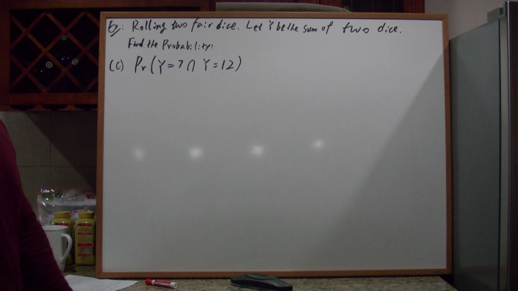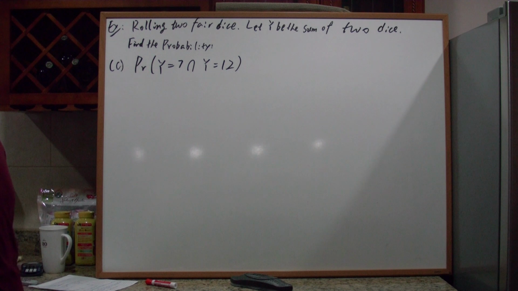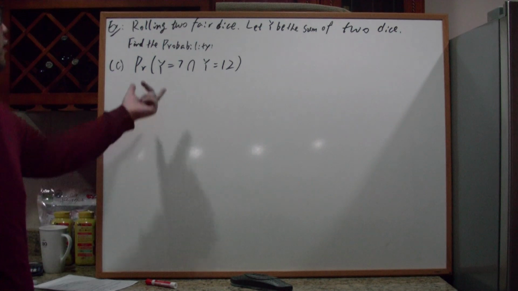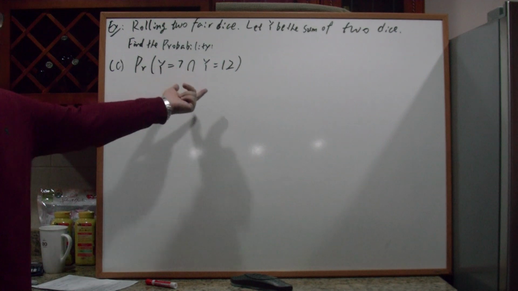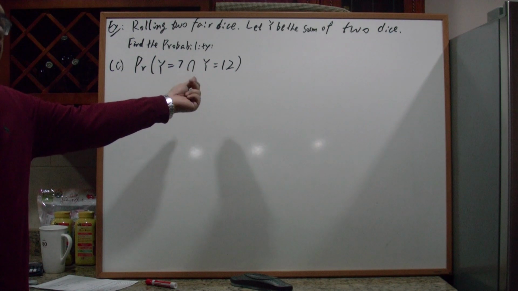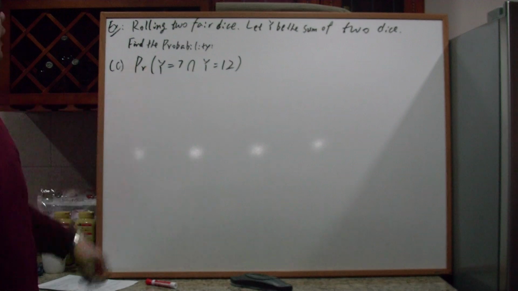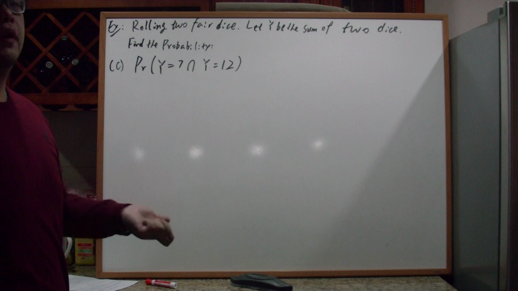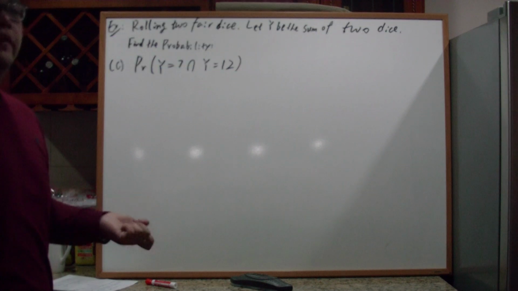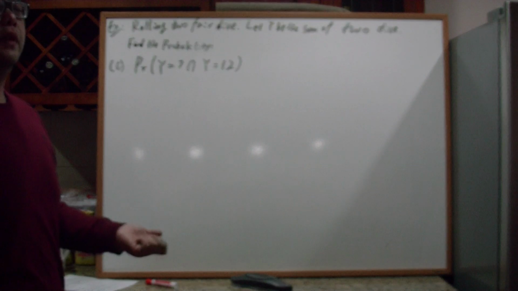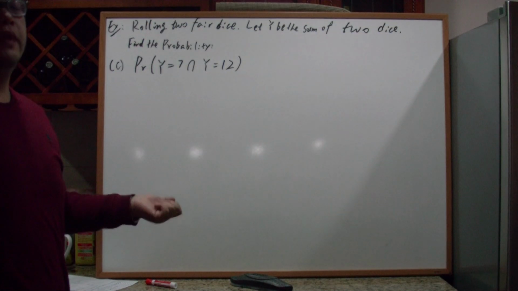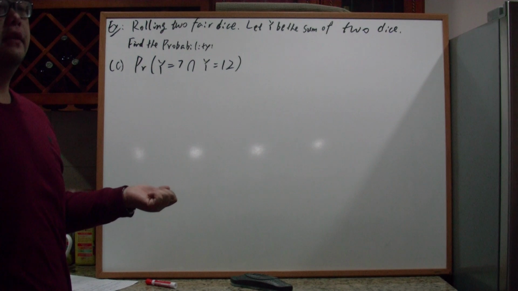And the third part is simply asking for the intersection, as we see from the last example. When the sum is one value, it cannot be the other. So the sum to be 7 and the sum to be 12, well, they have no overlap. If you want to see the outcomes, 7 will be 1, 6, 2, 5, 3, 4, 4, 3, 5, 2, and 6, 1. 6 outcomes. And for 12, the only way to get it is 6, 6.